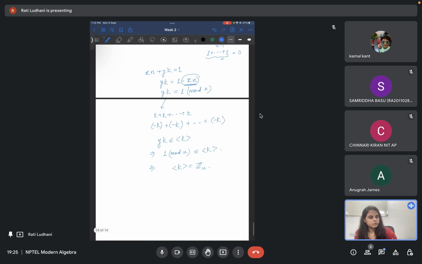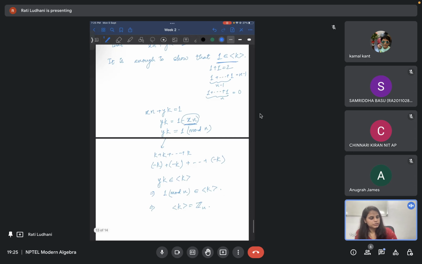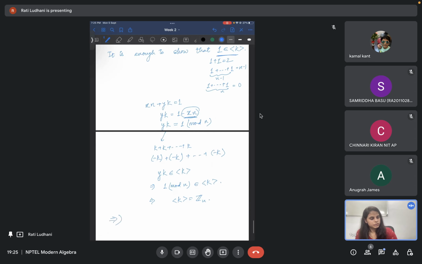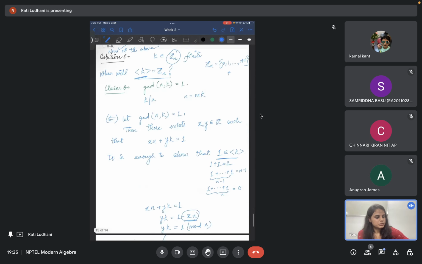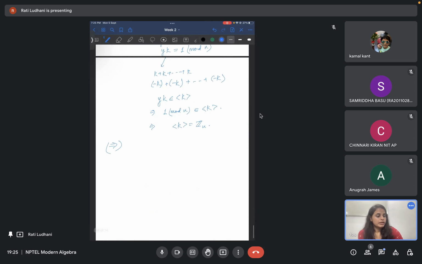Okay. So let's prove the other side. I don't know which side. Okay, this arrow I am confused a bit, but that's okay. So the other side. Now you have taken k to be such that it generates Zn.